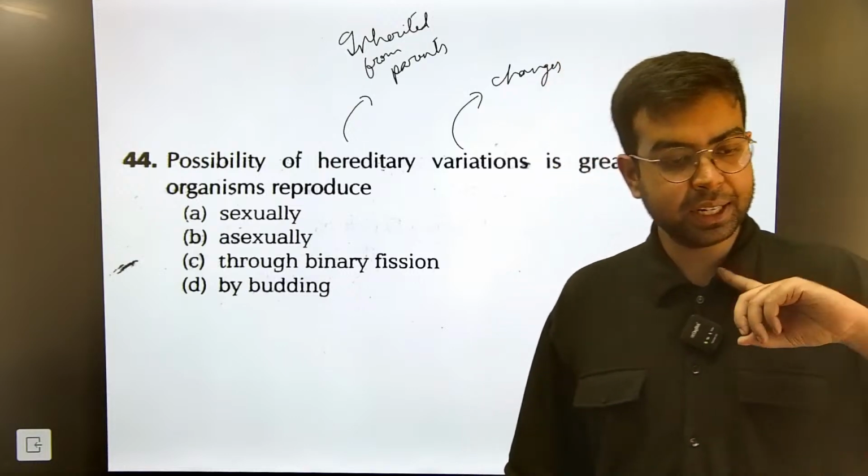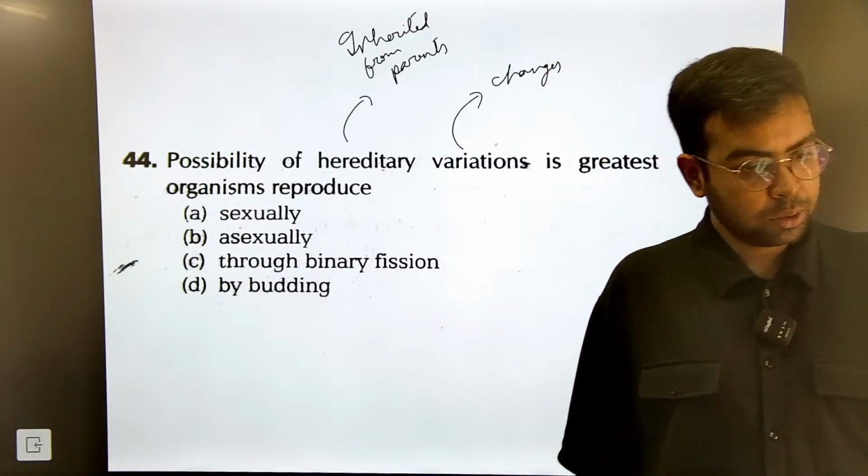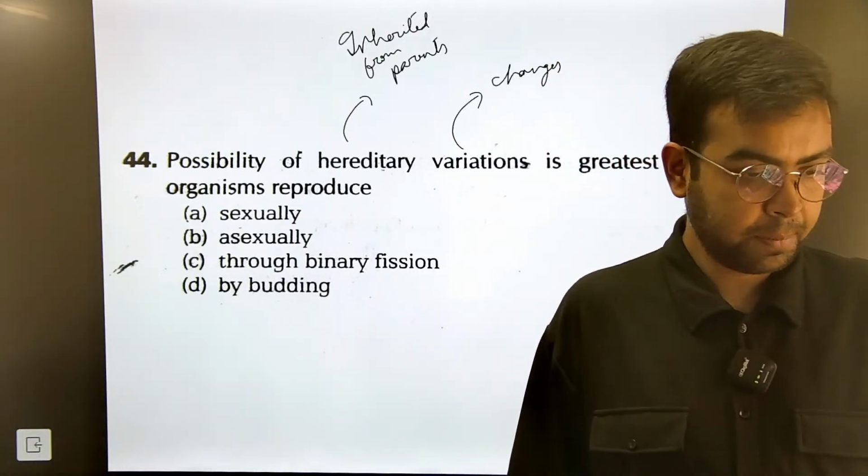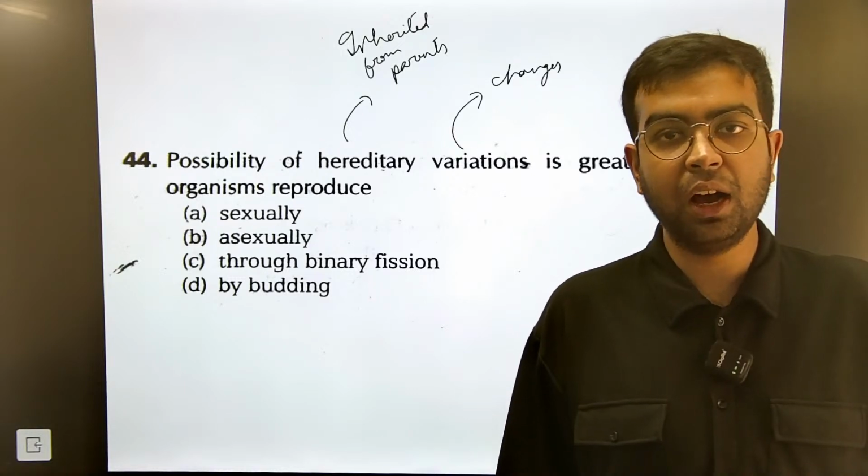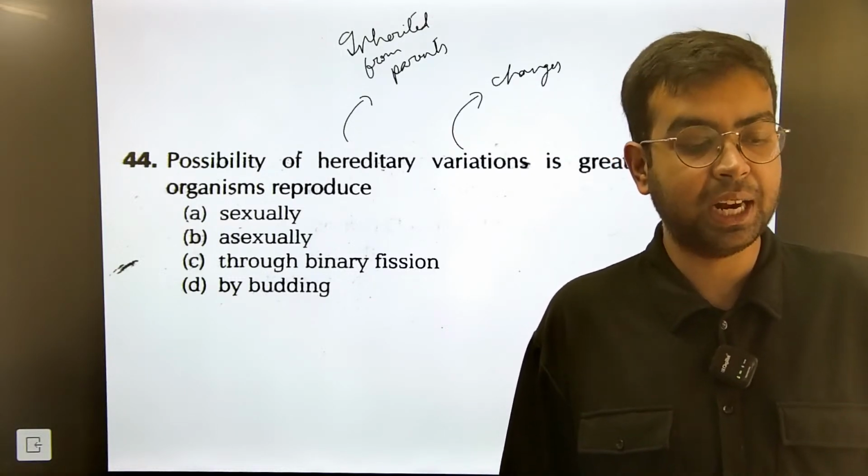अब अगर एक ही पेरेंट का बच्चा हो रहा है, दूसरा पेरेंट इन्वॉल्व ही नहीं है, then how can there be a variation in the child?